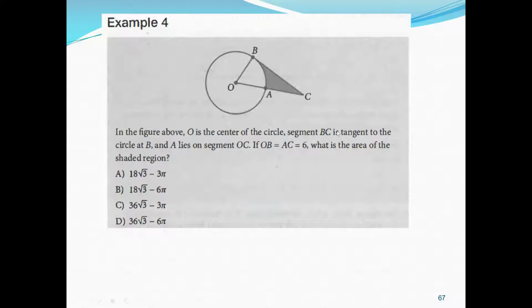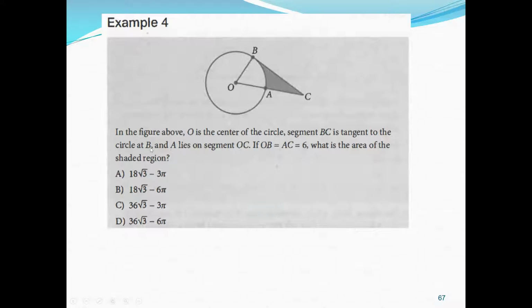Sometimes one piece of information provides multiple pieces of hidden information. And here is basically only one, tangent, okay?